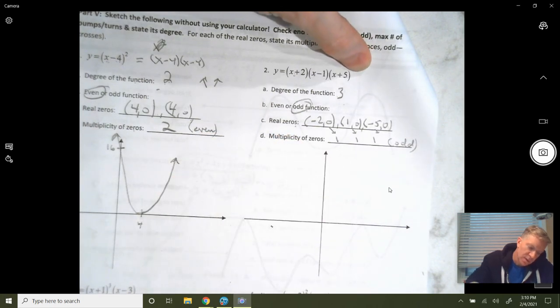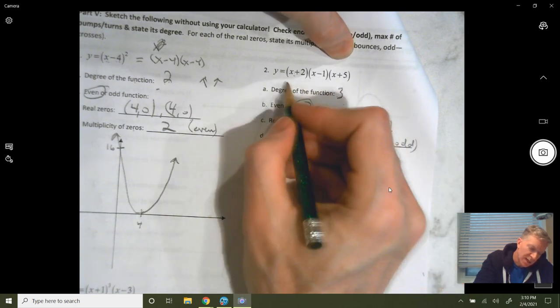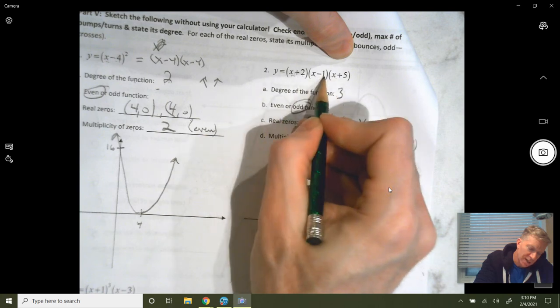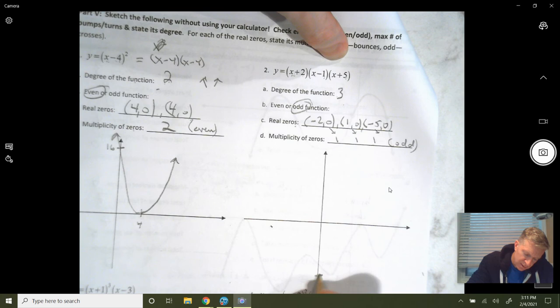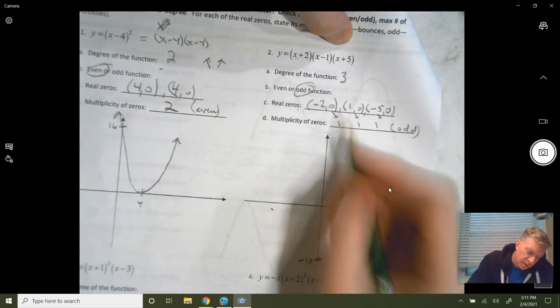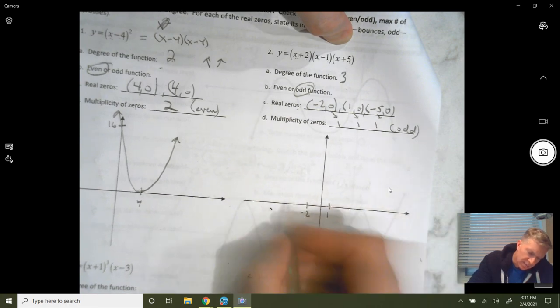And our y-intercept. When x is 0, we'd have 2 times negative 1, negative 2 times 5, negative 10. So we're going to cross there. X-intercepts are negative 2, 1, and negative 5.